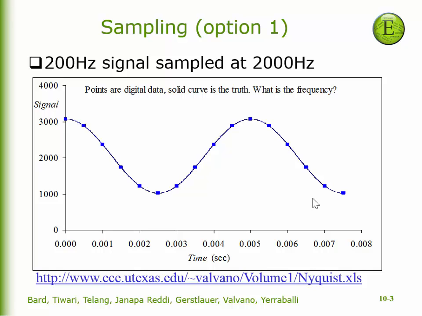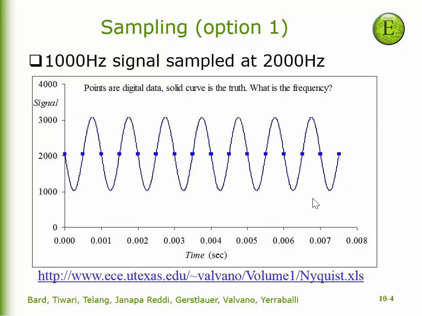But what we're sampling is these are our points that we sample right here. Now, this is what happens if you sample at exactly twice the frequency. This is 1,000 hertz sampled at 2 kilohertz. You notice what do we get there?